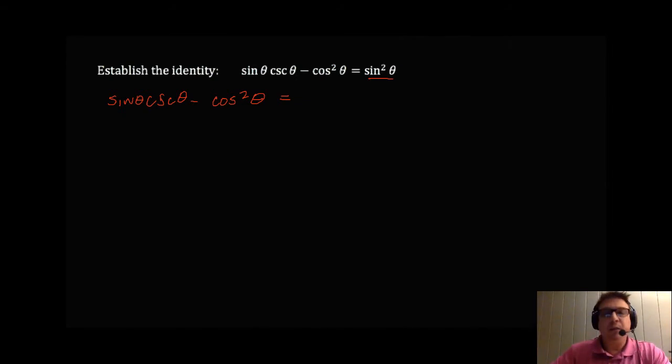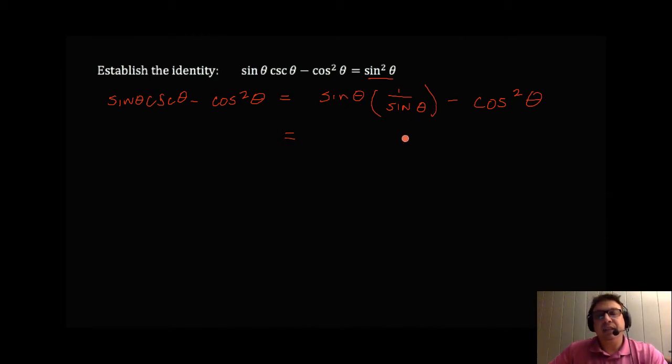I've got sine theta, that's not going to change, but cosecant is nothing more than 1 divided by sine theta. Then we subtract from that cosine squared theta. Now I can simplify this. The sine and the sine cancel each other out, and I'm left with 1 minus cosine squared theta.